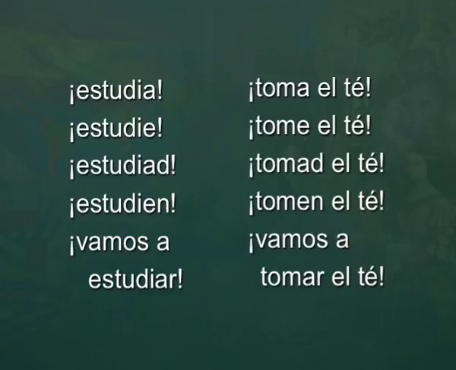Nosotros originally has emos, like estudiemos, tomemos, but vamos plus a plus verb in infinitive is used almost in all situations for imperative of the first person plural. And hence, we have said vamos a estudiar and vamos a tomar.